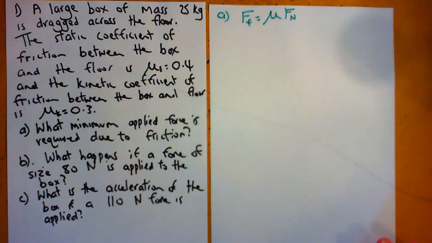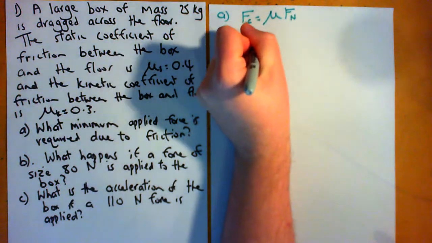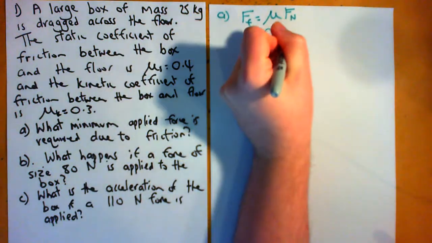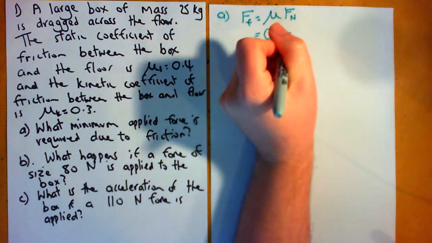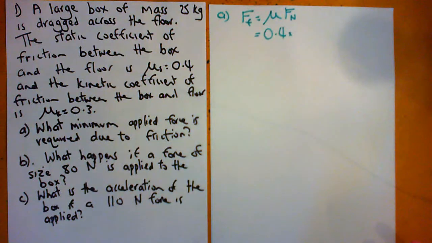Until we get it moving, the object is static, which means it's the static coefficient of friction, namely 0.4, which is required here. The normal force is going to be the same as the force due to gravity, because there is going to be no vertical acceleration, which means the forces acting downwards, which is gravity, must be equal to the forces acting upwards to ensure that it has vertical equilibrium.